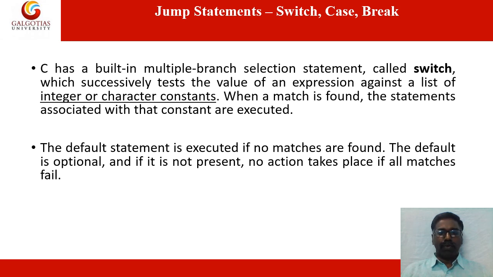When a match is found, the statements associated with that constant are executed. A default statement is executed if no match is found. This default is optional. If it is not present, no action will take place if all the matches fail.